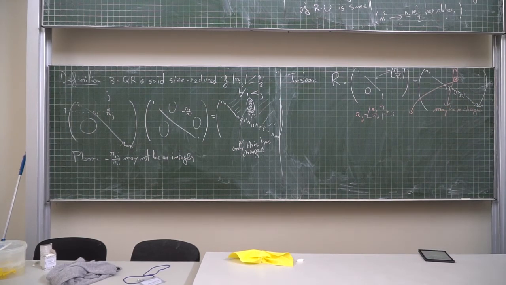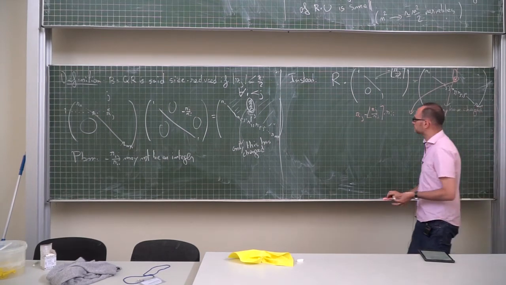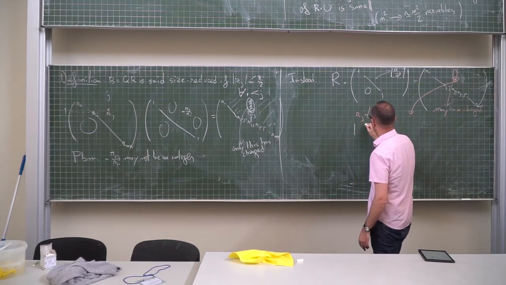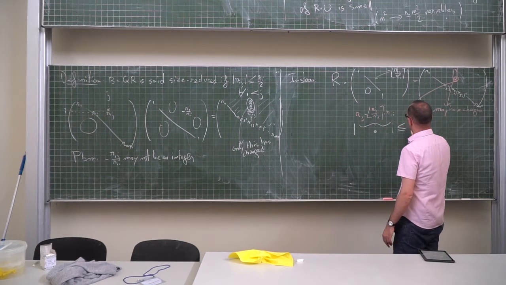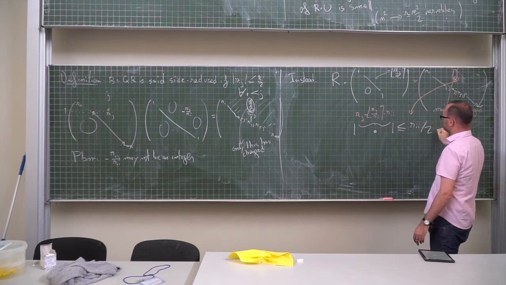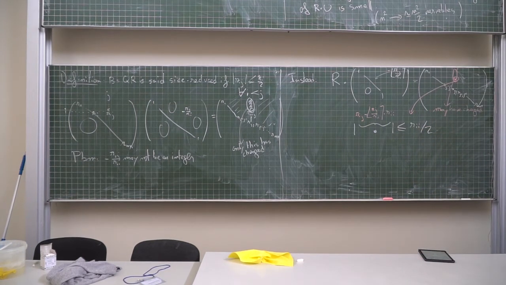And this has absolute value at most Rii divided by 2. Okay, so I have a way to make an individual off-diagonal coefficient of R smaller than the corresponding diagonal coefficient divided by 2 in absolute value. Okay, so if I can do it for one coefficient, I can do it for many.